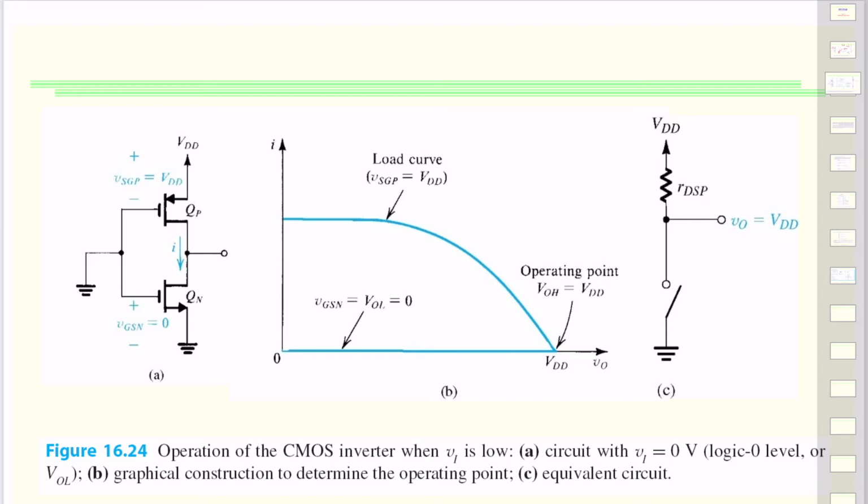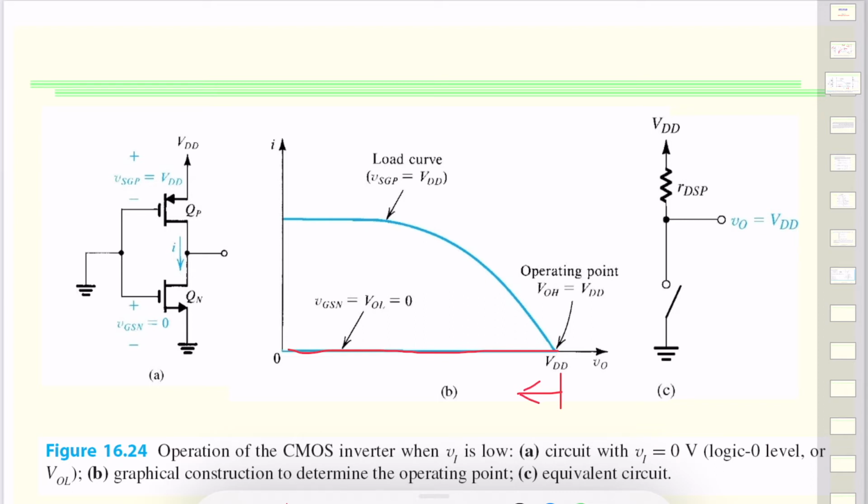Now in this case, at the extreme where the input is 0, we see that the QN is operating at 0 gate voltage. So for it, the characteristic is a horizontal straight line at 0 current level. But for the load curve for ID versus VDS, we are superimposing that, so we have to follow the direction of the voltage. So that's why it's reversed for P type.